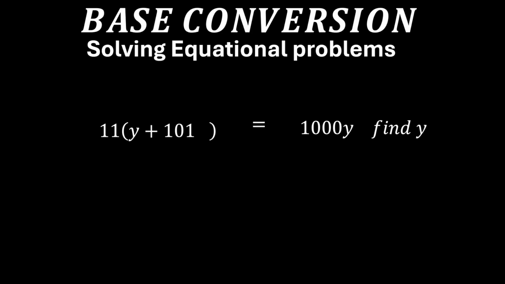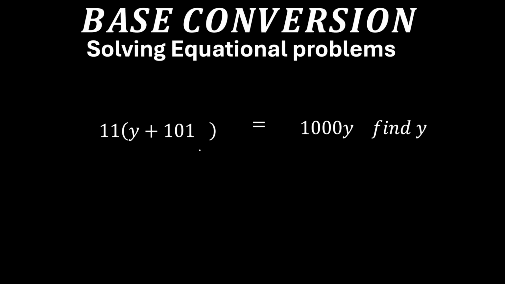Now, there is a principle that you need to pay attention to, and this is the reason why this class is different from any other classes. Principle is the key. You can see clearly that in this equation there is no base.